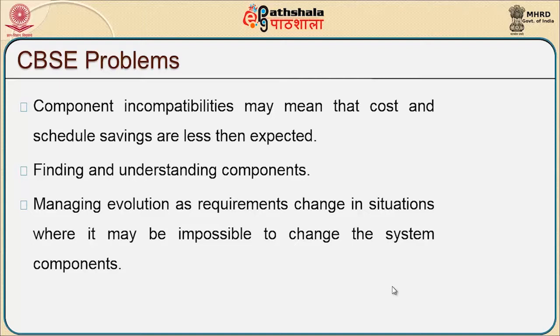Managing evolution as requirements change is also a problem in situations where it may be impossible to change the system components. There are situations where it is impossible to change many of the components. At that juncture, some people might force us to change those components or the reuse of the components. That is quite not very much possible.